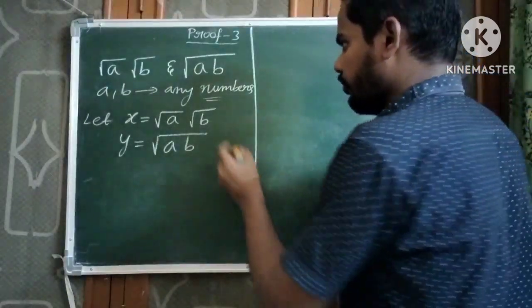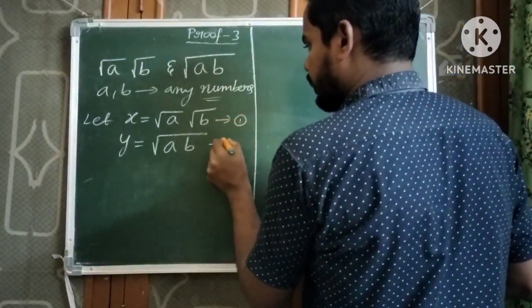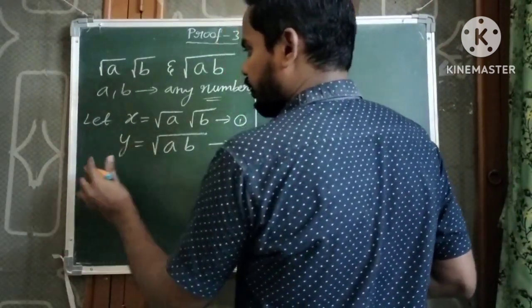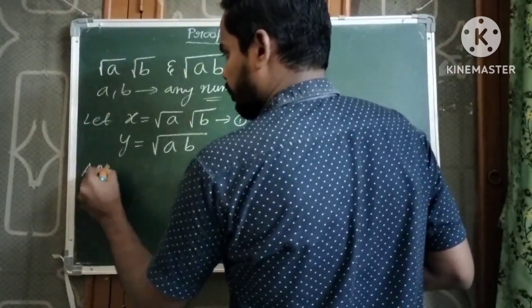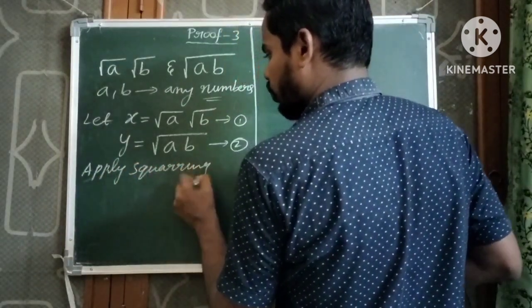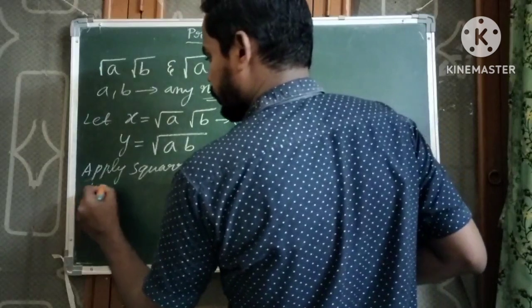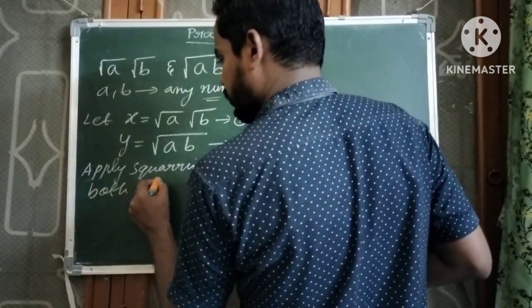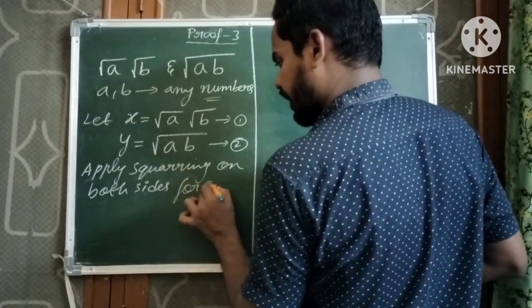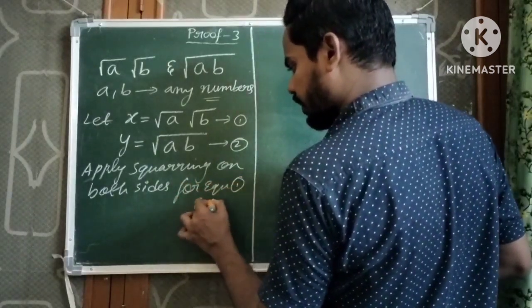Now this is equation number 1 and this is equation number 2. Okay, now apply squaring on both sides for equation 1 and equation 2.